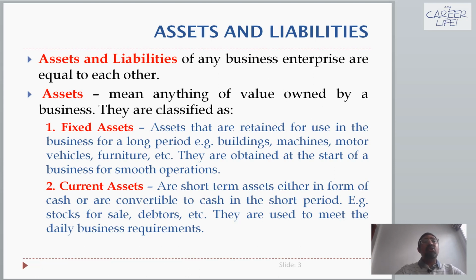When we sell goods to our customers on credit basis, remember we talked about this, these are our debtors and they are also referred to as our current assets. So these current assets are used to meet the daily business requirements, to meet short-term obligations of any business when they fall due.